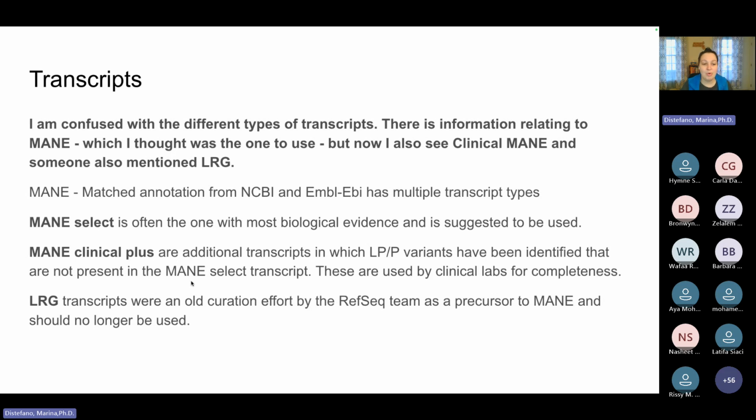And I will say that both RefSeq and Ensembl have their designated main transcripts, which should be equivalent. So you can pick your favorite. If you like to use NCBI's RefSeq transcripts, you can use the mains from RefSeq. If you like to use EMBL EBI's Ensembl transcripts, you can use the main from Ensembl, and those should be equivalent. So that's okay.